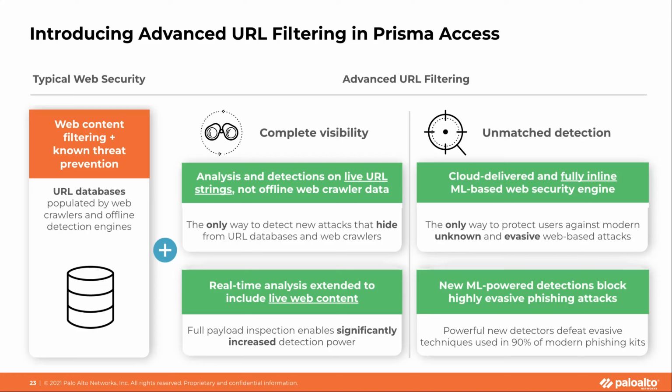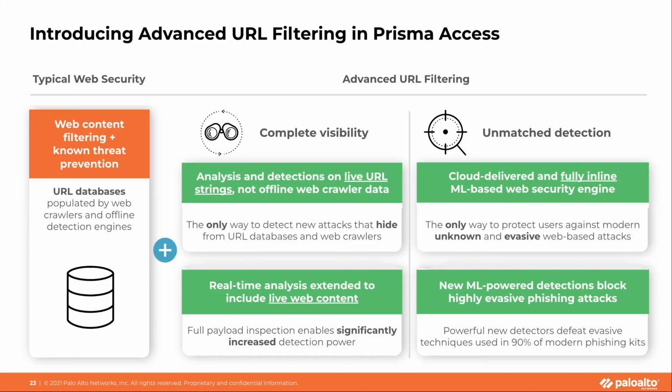With advanced URL filtering, we augment a lot of the data that we already captured from the web crawlers. But a lot of the URL sites that customers visit as part of phishing attacks are sometimes not known, or web crawlers might not have access to them because they might be behind a captcha.